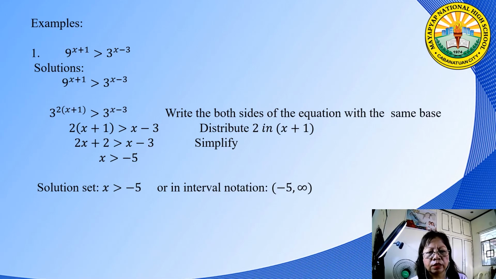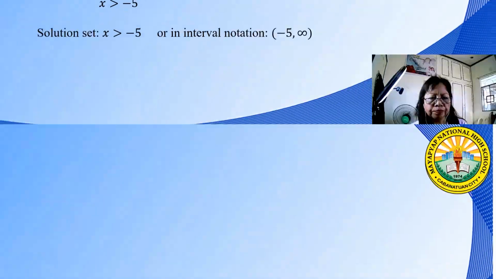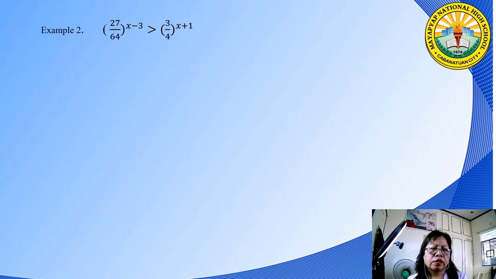Example number 2. Given the exponential inequality, 27 over 64 raised to x minus 3 is greater than 3/4 raised to x plus 1. You make their bases the same by identifying factors of 27 and 64.